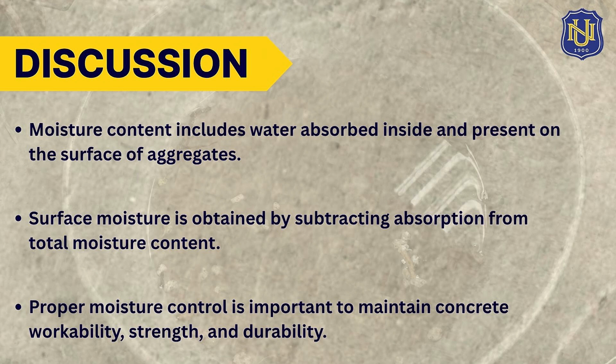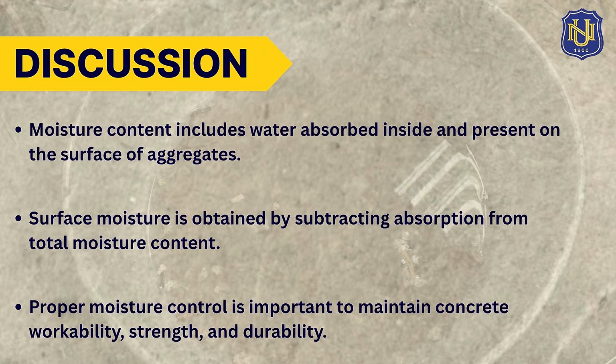This experiment is performed by weighing the aggregate samples before and after drying them inside an oven at a temperature of 110 degrees Celsius. The drying process removes all moisture from the aggregates. The difference between the initial weight and the dry weight represents the amount of moisture originally present in the sample.